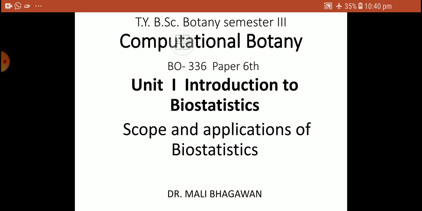Biostatistics is nothing but the use of statistical techniques to solve biological problems, or applications of statistical techniques to solve biological problems. So here we can understand we have to apply statistical techniques to solve biological problems.